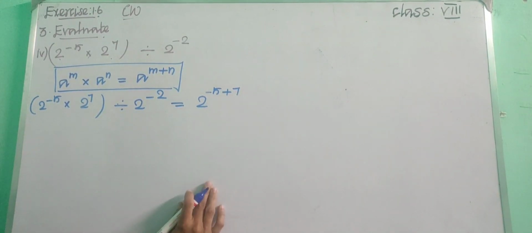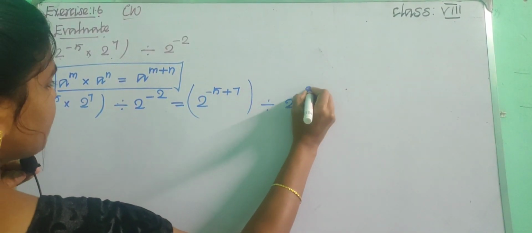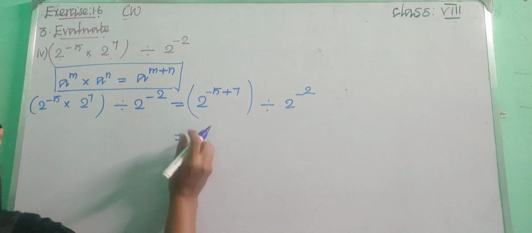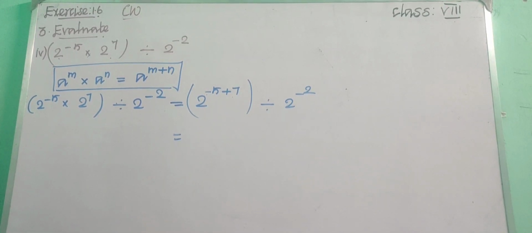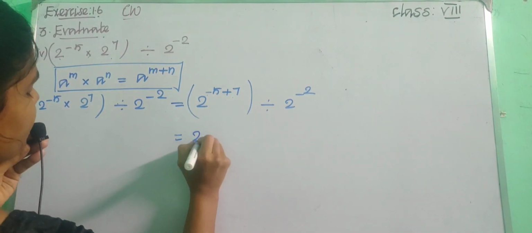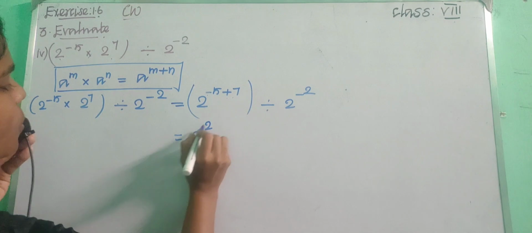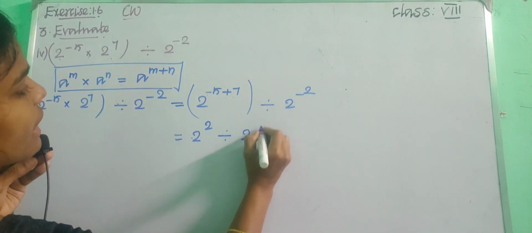Here we have different signs, so we need to subtract and put the sign of the greater number. So 7 minus 5 is 2, and the greater number's sign is plus. So 2 power 2 divided by 2 power minus 2.